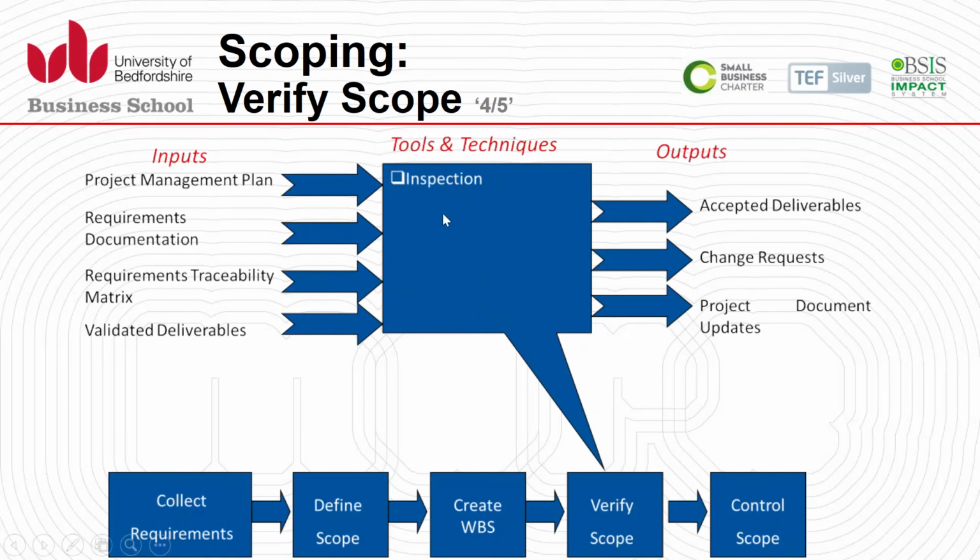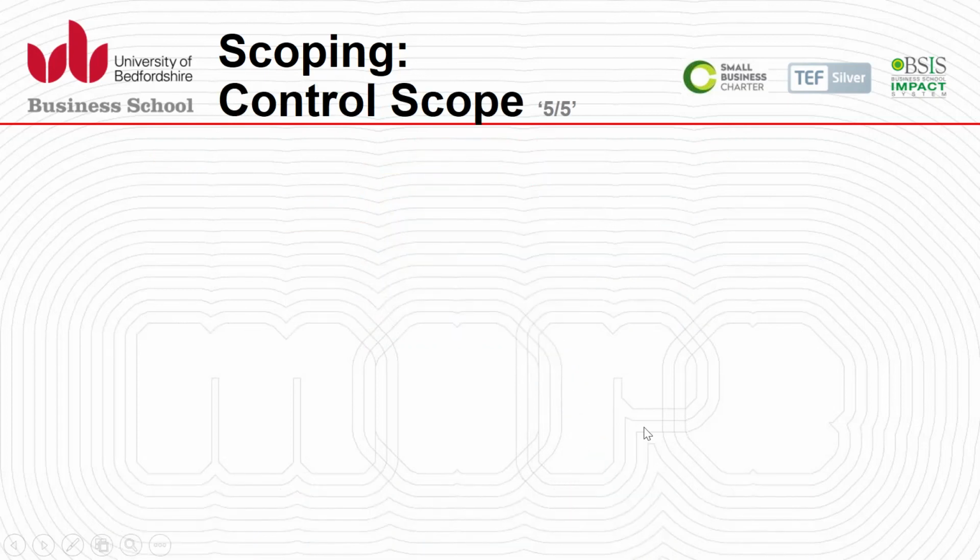We do a number of inspections, or involve different inspectorates, which is an important technique to ensure that, according to the plan, we get the deliverable which is accepted to get the benefit as estimated. And if there is any change request, we create documents as the outcome, and we also update the project documents.